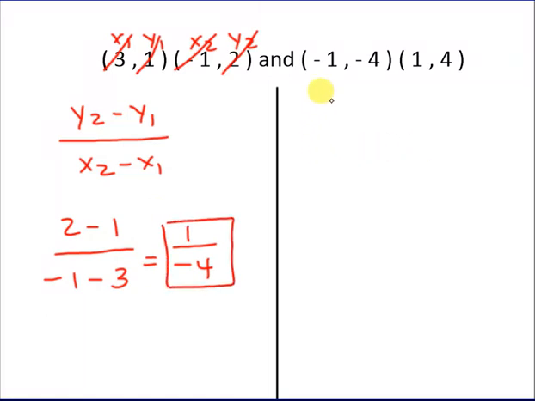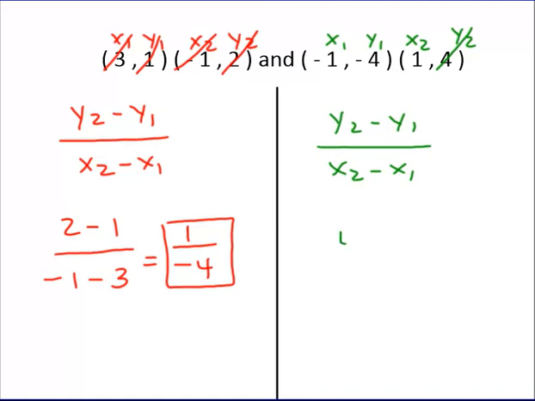All right, let's see the other side here. y2 minus y1 over x2 minus x1. Label my coordinates. All right, so we have 4 minus negative 4 over 1 minus negative 1. So let's see how that works out. We have keep, change, change. So keep 4, change minus to plus, change negative 4 to positive 4.